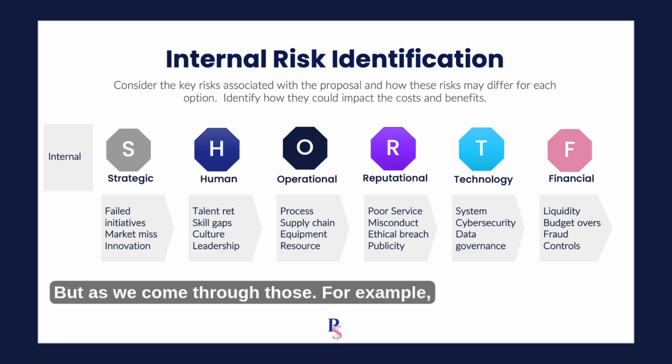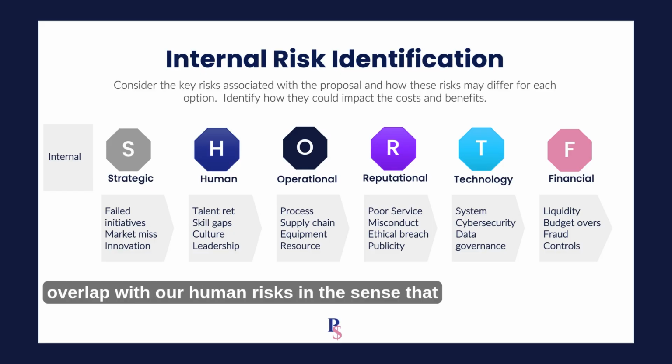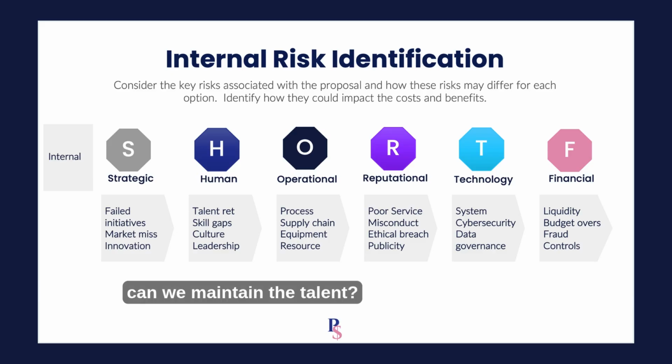As we come through those, for example, our operational risks: have we got any process risks? There are risks in terms of the supply chain that may affect us in the sense of internal resources or access to resources. That can also overlap with our human risks, in the sense of: can we maintain the talent? Can we retain them as we work through?